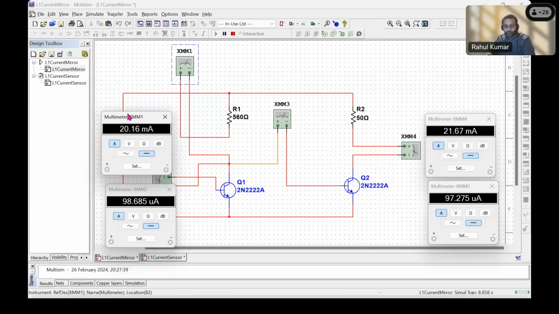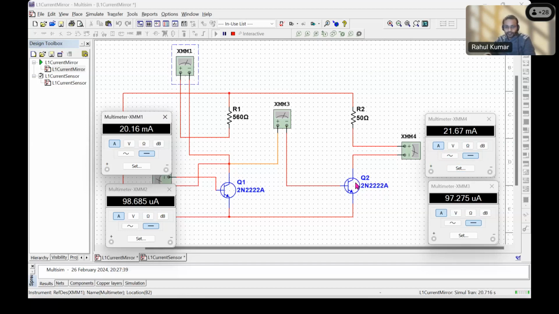So we are getting 21.67 milliamps as the output divided by 97 microamps. Slightly off 50 ohms, but roundabout I'm getting 222.7 as the gain for Q2.